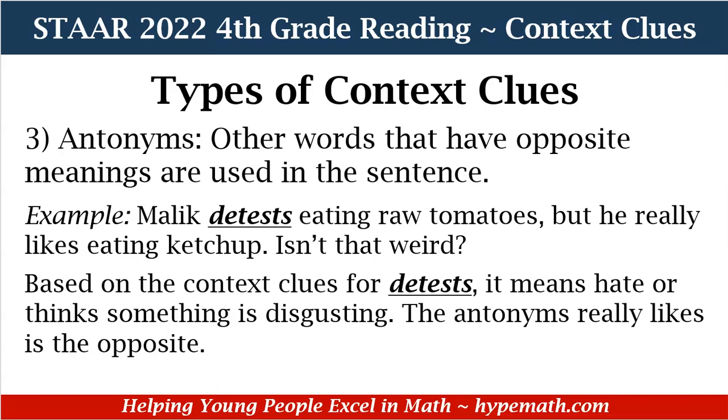How do we know that? Because it says detests eating raw tomatoes, but, see, there's our helping word, but he really likes eating ketchup. Likes is the antonym for detest, and based on that, we can determine what detest means.